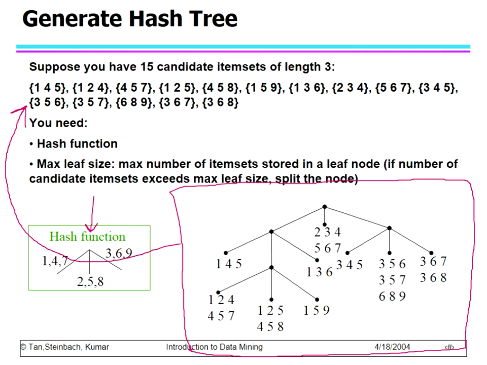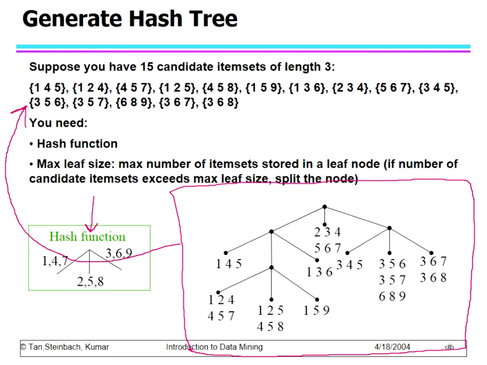It is clear for the hash function here: 1 and 4 and 7 together, because 1 mod 3 equals 1, 4 mod 3 equals 1, 7 mod 3 equals 1. And 2, 5, 8 together, because 2 mod 3 equals 2, 5 mod 3 equals 2, and 8 mod 3 equals 2.